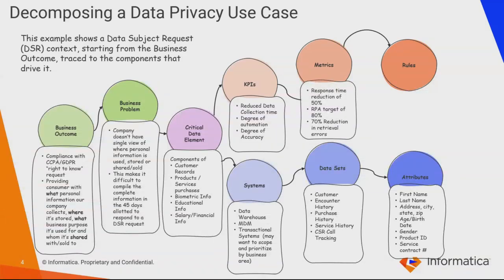So retrieval errors, maybe pulling in Joe Smith versus Jane Smith, things like that. And then also looking at what I mentioned before as far as automation. So an RPA target of 80%, not having to have manual intervention if you can, and reducing that response time, because that can feed into fines and sanctions if you are slow in responding.